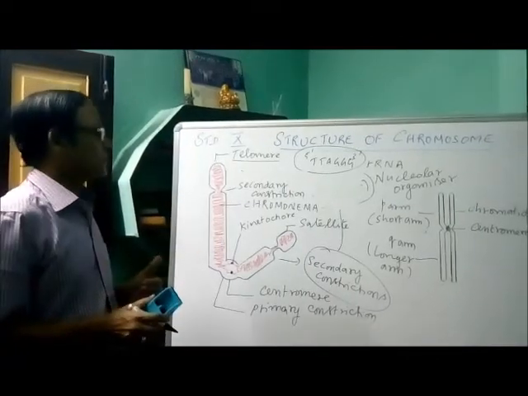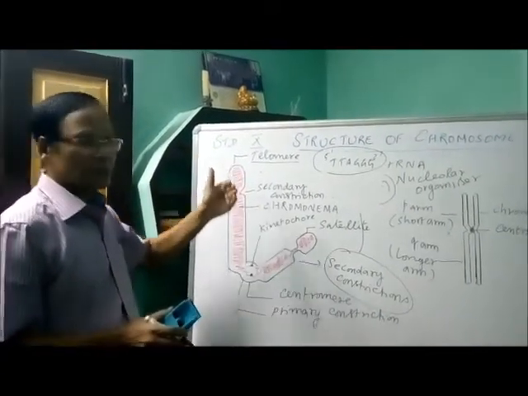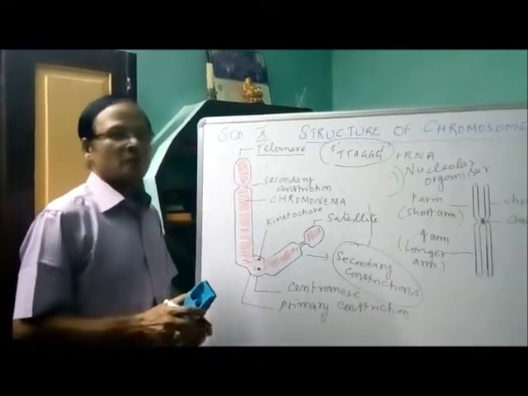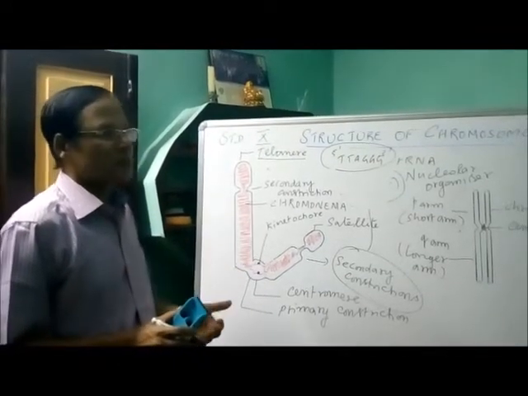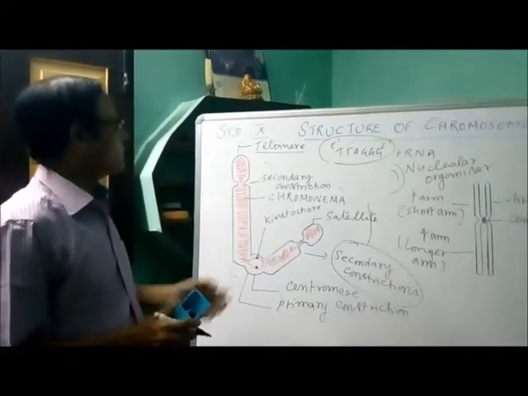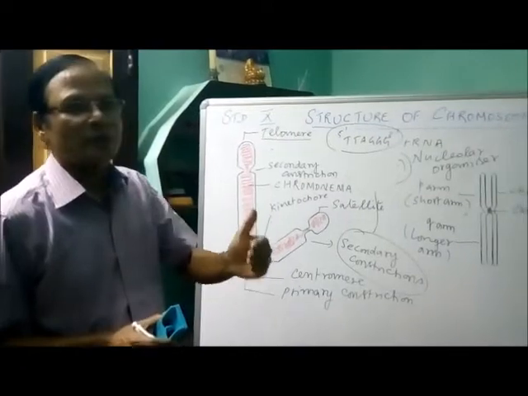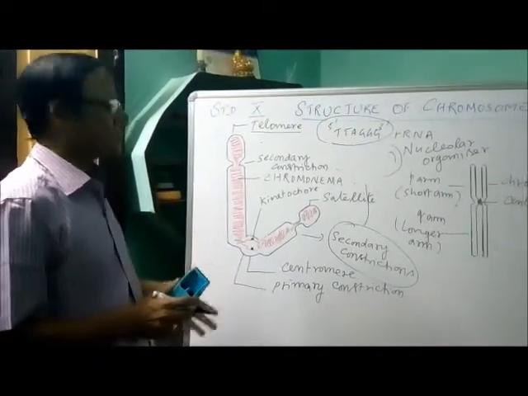During each cell division, the size of the telomere is decreasing. When the size of the telomere is decreasing, it causes the aging of the cells, and also it causes cancer. So it is responsible for the growth and the reproductive ability of the cells. That's about the telomere.